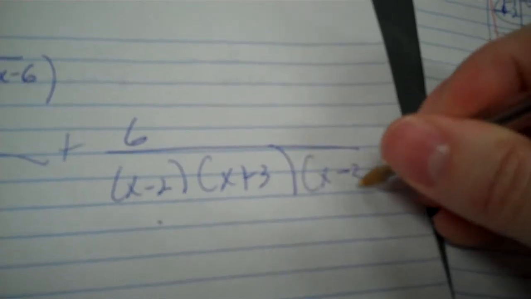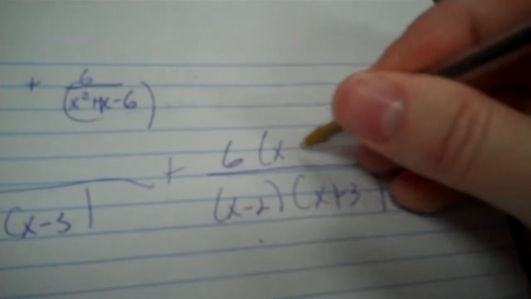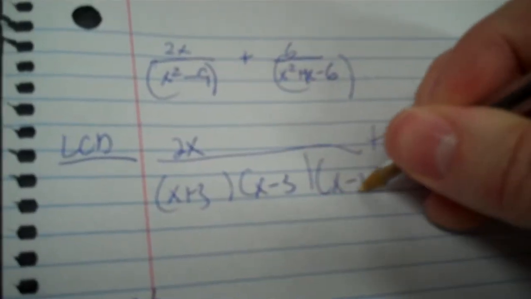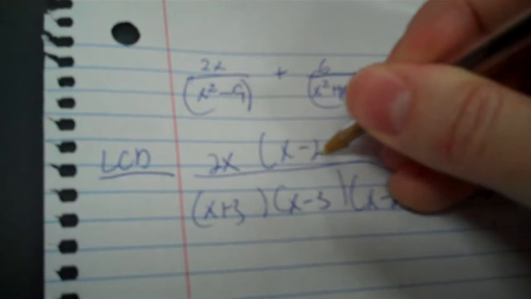So you need to raise this up by a factor of x minus 3, and you also have to do it to the top. X minus 2, 0 to 1. Well, you're going to need to raise this 0 up so it's an x minus 2, x minus 2. Okay, now I got my common denominator. Okay, so in the end we have x plus 3, x minus 3, x minus 2.